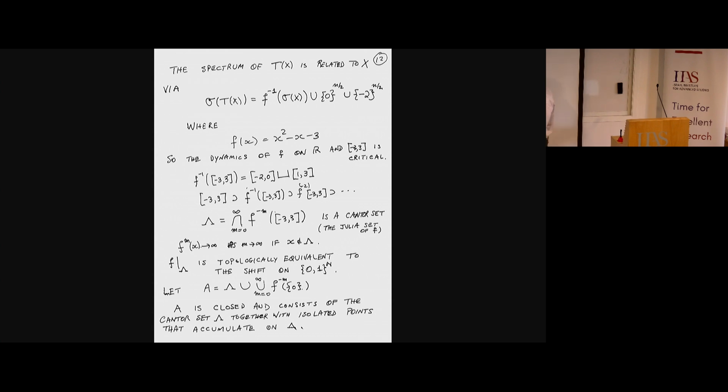Let me skip that, but I'll just say that in rational dynamics for this quadratic polynomial, when you restrict F to the Julia set, it's actually topologically isomorphic to a shift on 2 symbols, and that allows us to move this gap as close to 3 as we want.